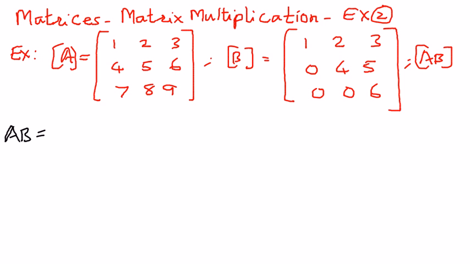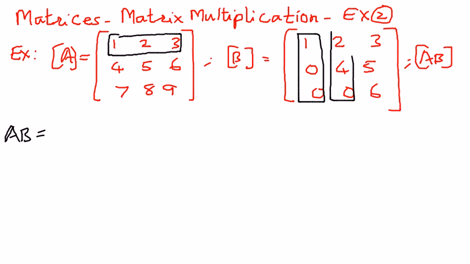The way we want to do this is as follows. We're going to take the first row in the first matrix and then multiply it out to the first column of the second matrix, then to the second column of the second matrix, and then to the third column of the second matrix, and we will write the product in the final matrix as locations of first row first column, first row second column, first row third column, like this.